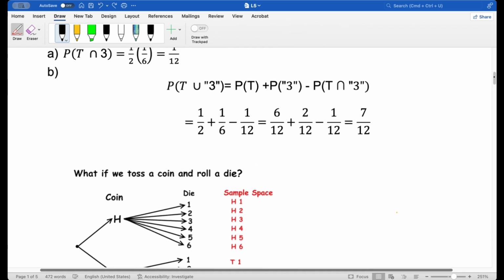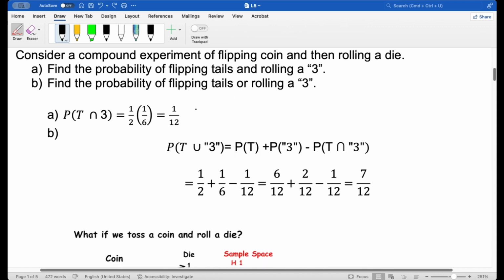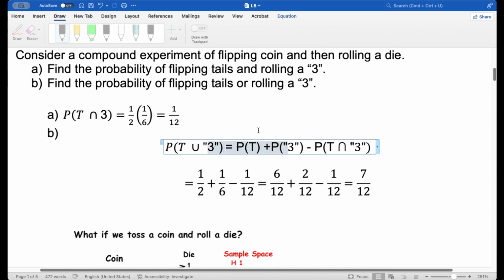All right, now we'll move to the second part, part B, the or situation, the probability of tails or a 3. So the formula is to do the sum, probability of tails, plus the probability of 3, minus the probability of T and 3, which we just found to be 1 out of 12.